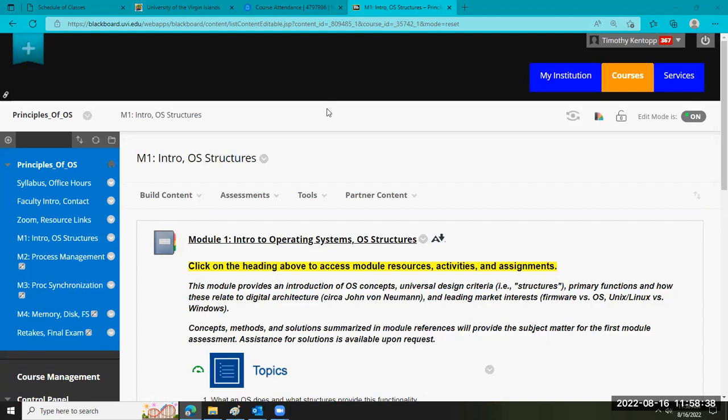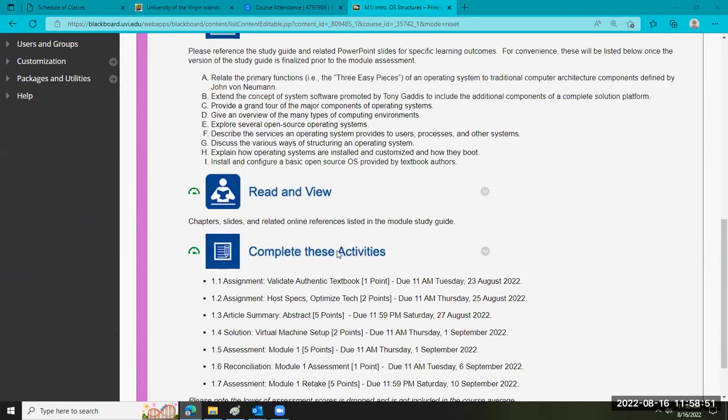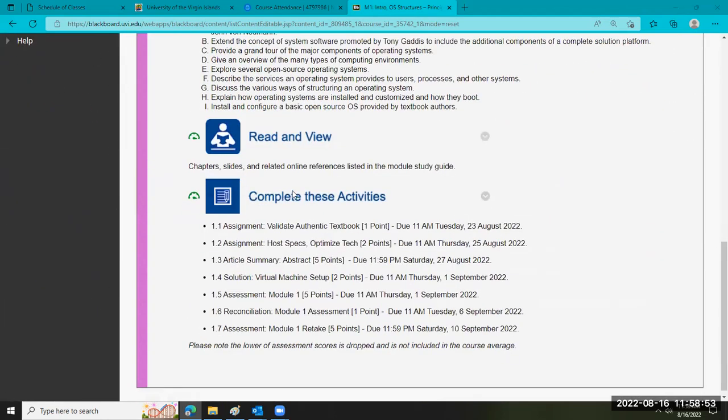What we're going to do at this point is get started with just some initial concepts. And I did want to call your attention to the milestones that need to be completed into the early part of September.